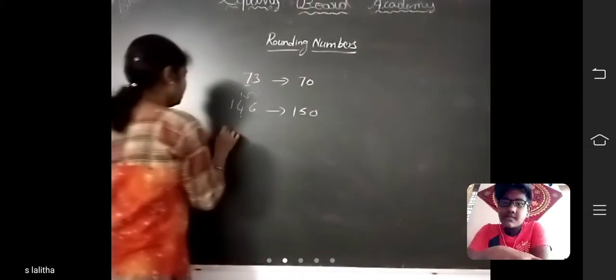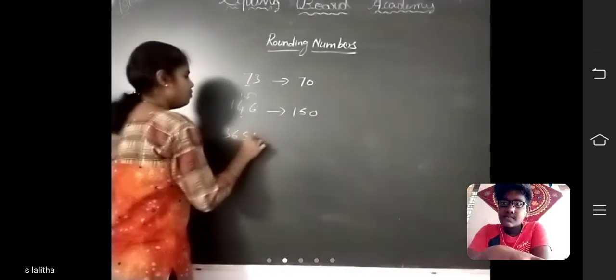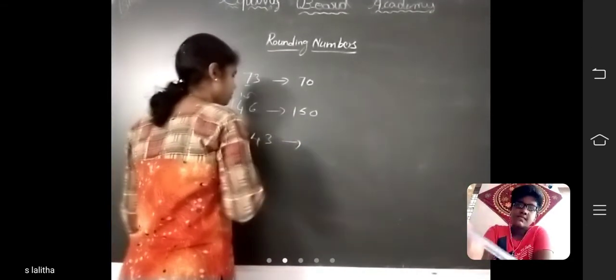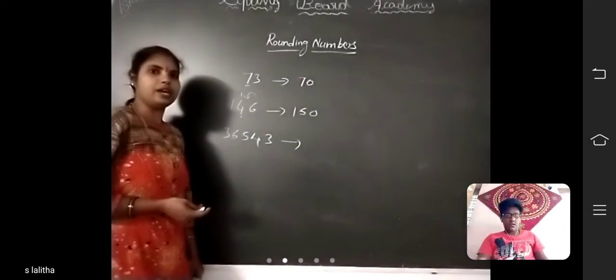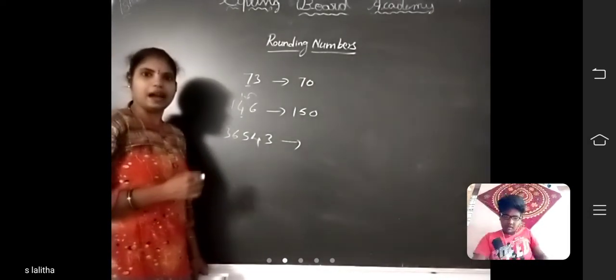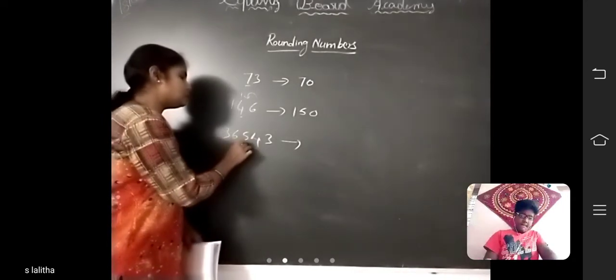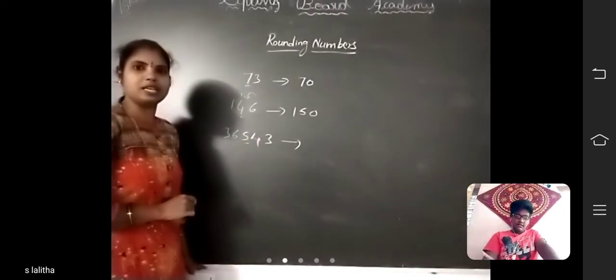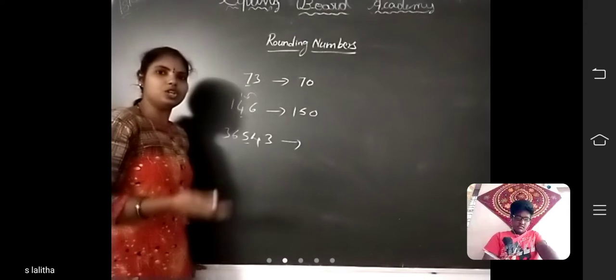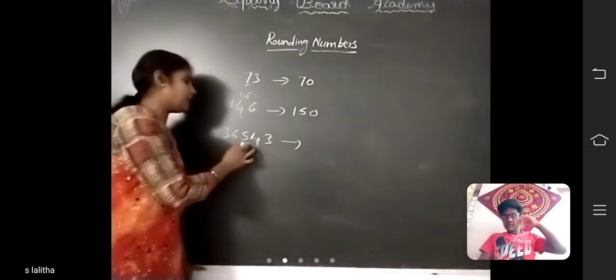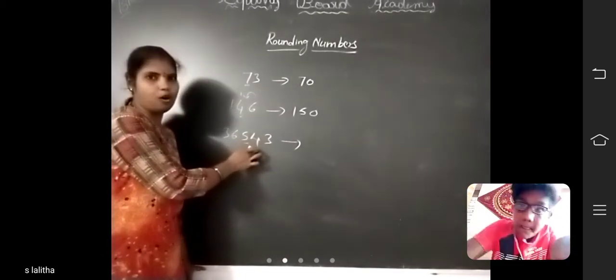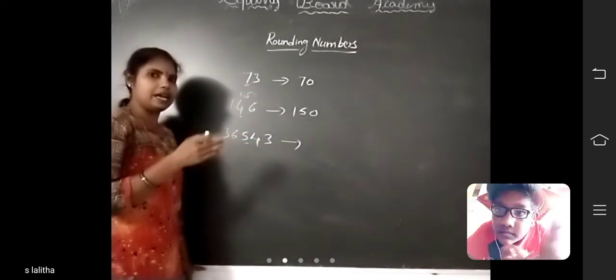Next, 36,543. Now round off to the nearest hundreds. So here the hundreds place is 5. Now what should you do? You should check the right side of that number, which is 4. 4 is less than 5.